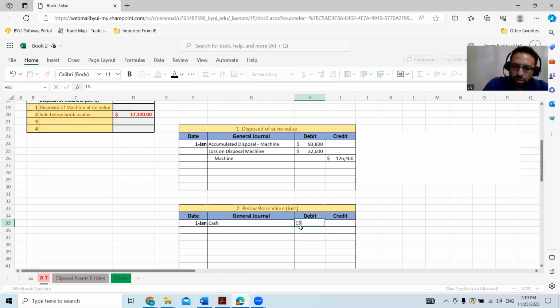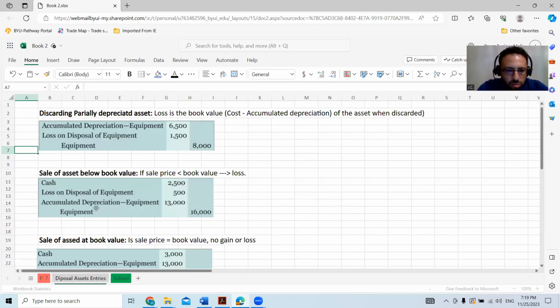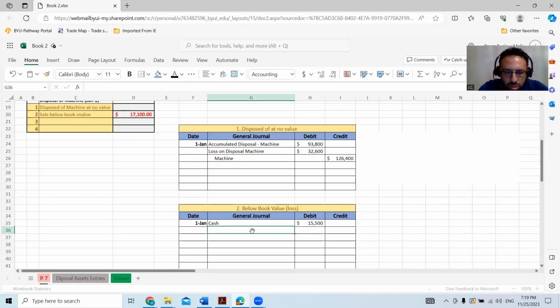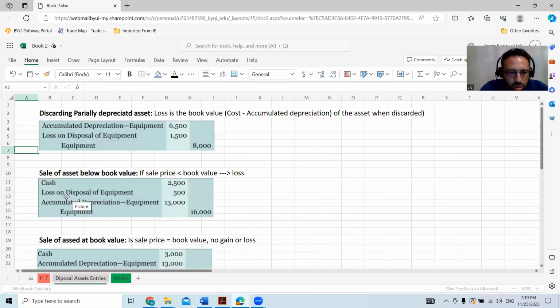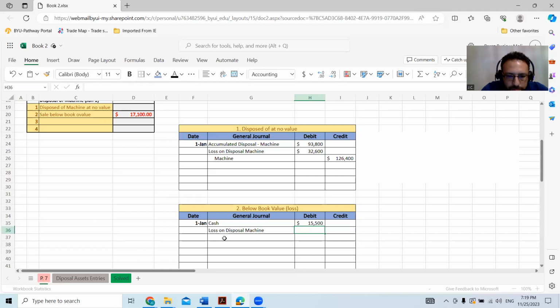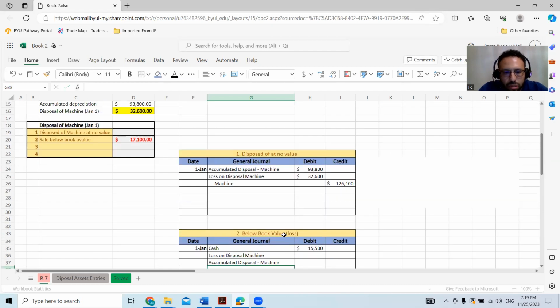In this case, it's 15,500, and we debit our loss on disposal of machine, and we debit the accumulated depreciation.